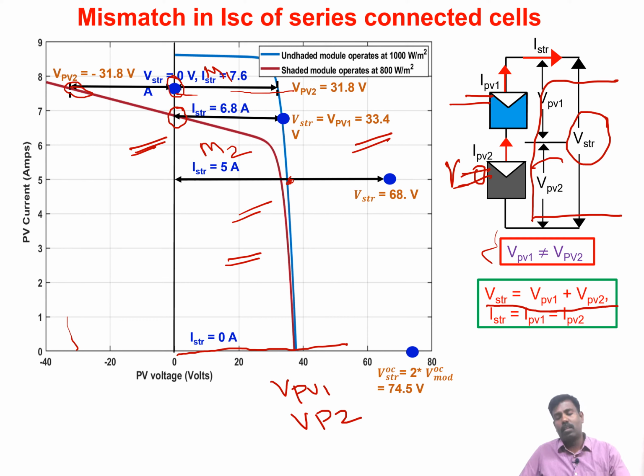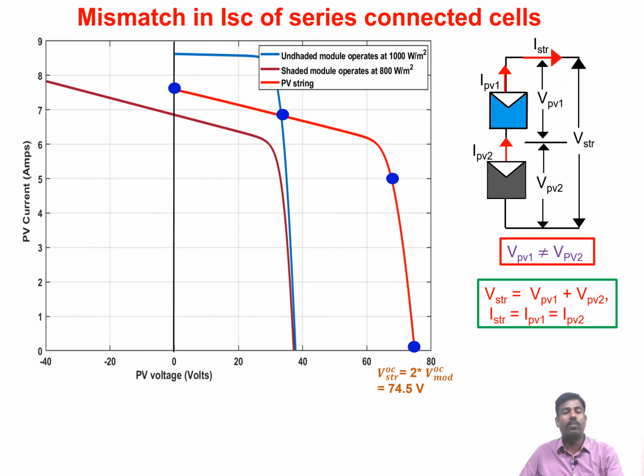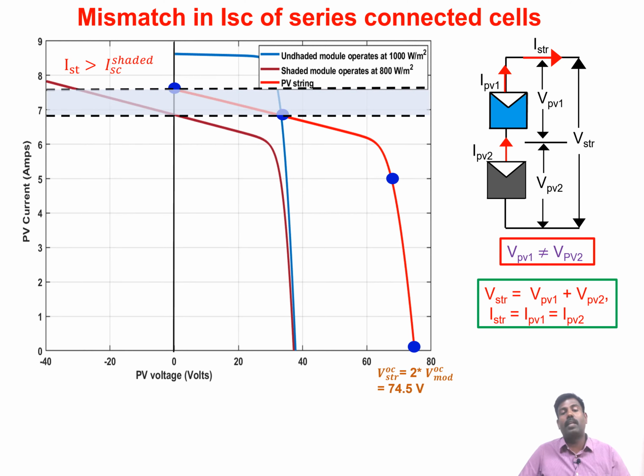So here what you understand is we know how to draw the IV curve of PV modules. So this is the IV curve of the PV module, and we understand that if you increase the current further than the short circuit current, the voltage across the shaded module becomes negative and it gets heated.